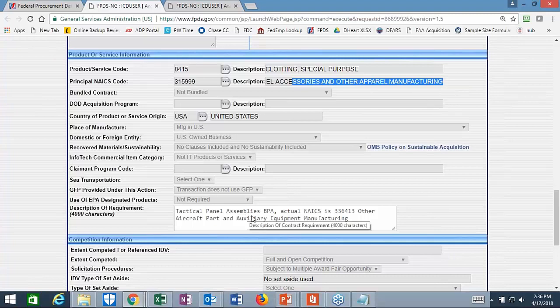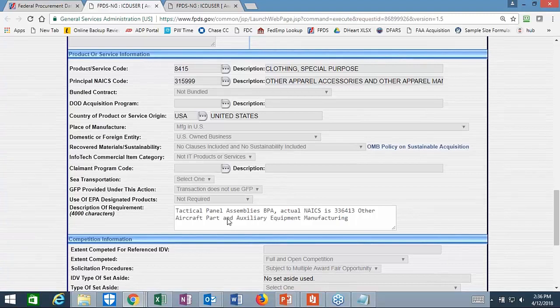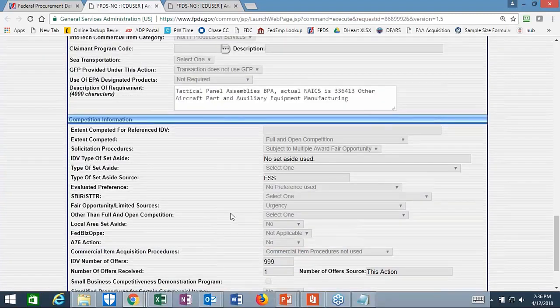And then it says tactile panel assemblies. Yeah, so something looks off there. Aircraft part. Is it safety clothing? Could be. Practical panel assemblies are generally like Kevlar blankets or soundproofing.